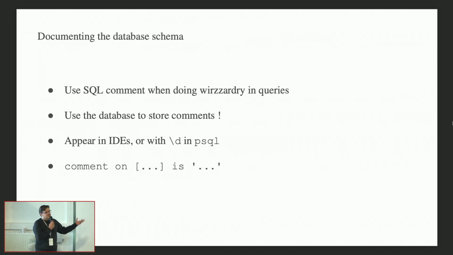You can actually use the database to store comments. In Postgres, you have COMMENT ON for any object, basically a string, and it will appear in tooling, in your IDE, and in psql with \d+. It's wonderful. You can store your comments in your database, and it's also versioned into your schema.